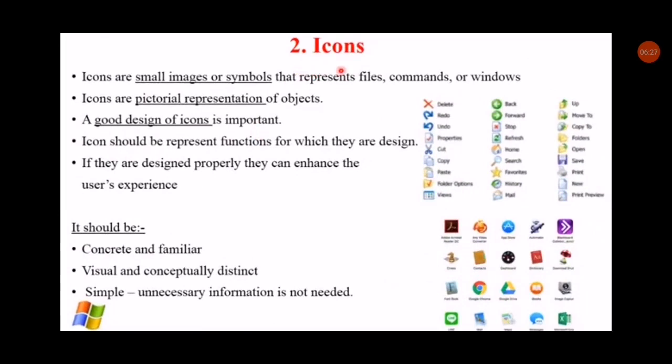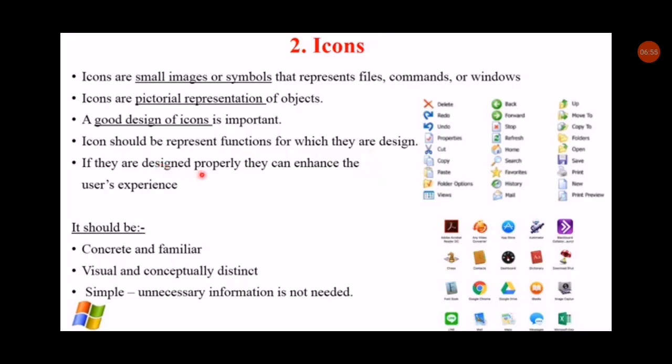The next element of the WIMP interface is icons. We are all familiar with icons. An icon is a small image or symbol that represents a particular file, command or window, etc. Icons are a pictorial representation of an object. A good icon design is important because we identify everything according to its icon. An icon should represent the function for which it is designed.